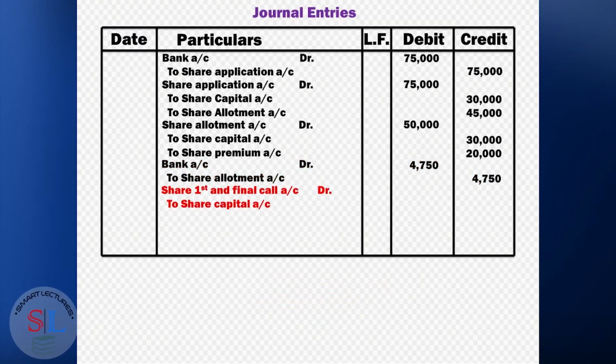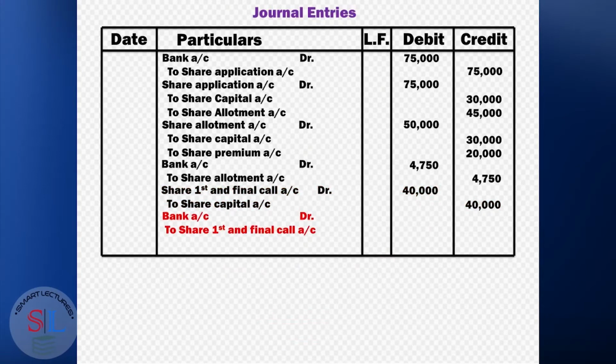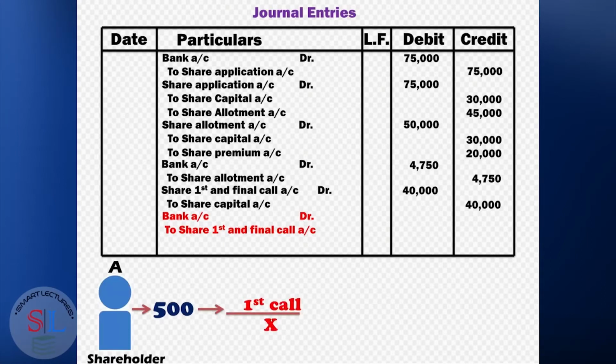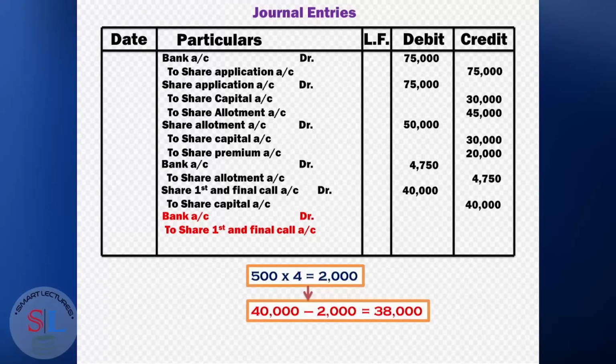Then first call account debit to share capital account, and bank account debit to share first and final call account. First call to share capital will be 10,000 into 4, 40,000 rupees. Then bank account debit to first call, because that shareholder couldn't pay the check at the time of first call, and he was supposed to pay 500 into 4, 2,000 rupees. It means we could receive only 38,000 rupees. 40,000 minus 2,000, so bank account debit to share first and final call account 38,000 rupees.